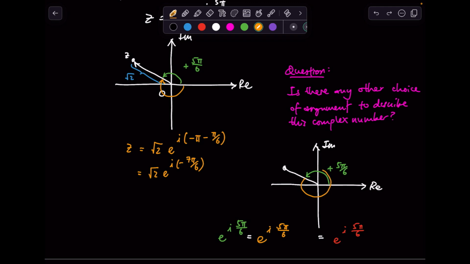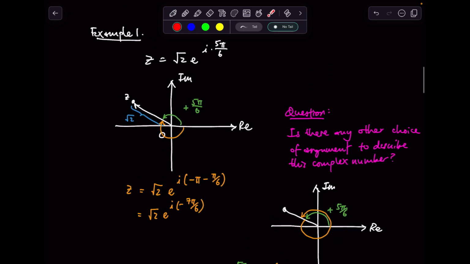I turn one more full round. That's plus 2 pi, right? Plus, because I'm still turning in the anti-clockwise direction, and I turn a full round, which is 2 pi. I end up describing the same complex number, right? I still describe the same direction in a sense. So this green color representation and this orange color representation both describe the complex number z.